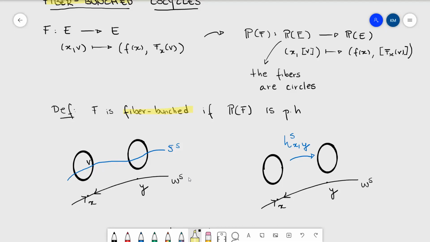And this is going to allow me to define holonomies in the usual way. Given two fibers here, I'm going to define a stable holonomy just as intersection with the fiber of this stable manifold. And in the same way, I'm going to define an unstable holonomy between two points in the same unstable leaf.